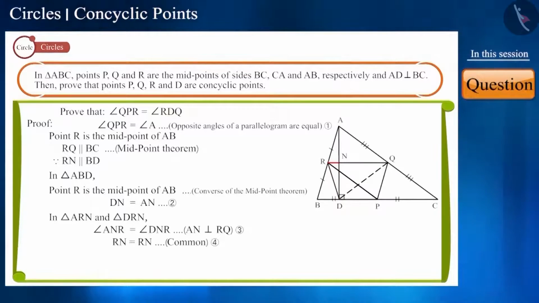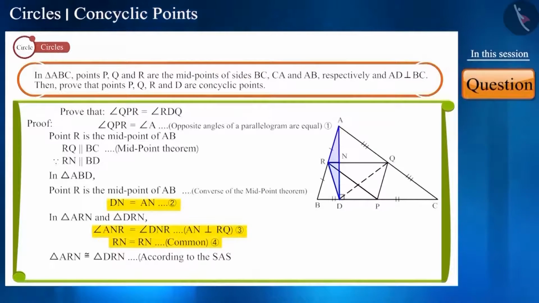So from equations 2, 3 and 4, we can say that triangles ARN and DRN will be congruent according to the side angle side congruence rule.